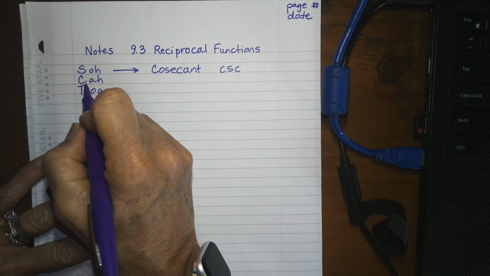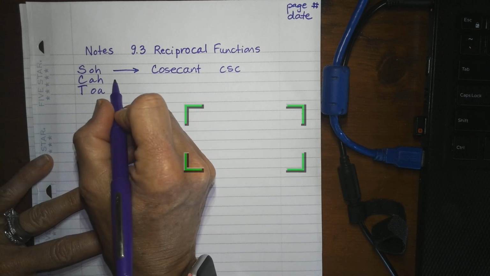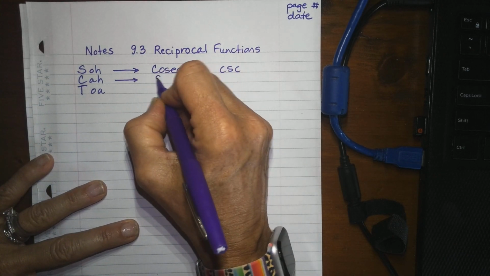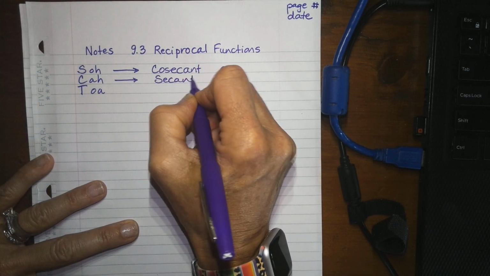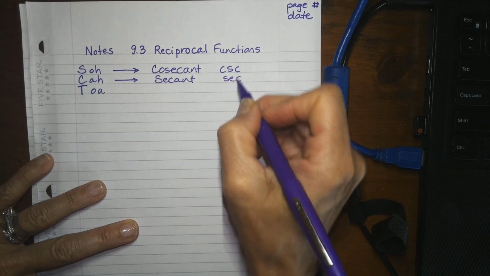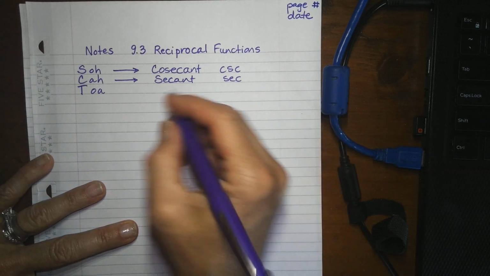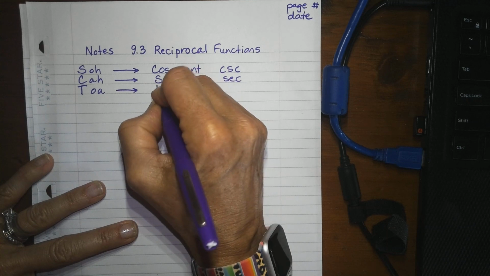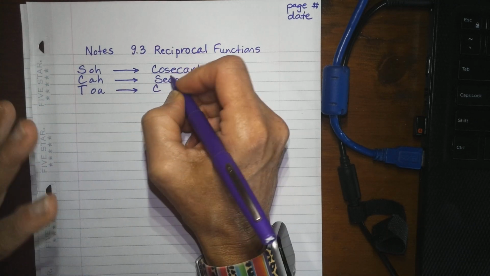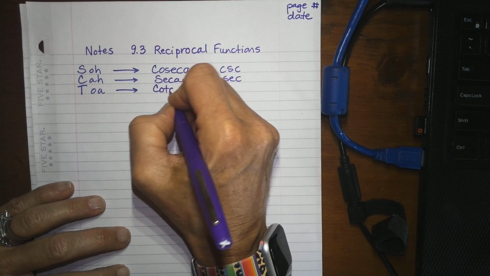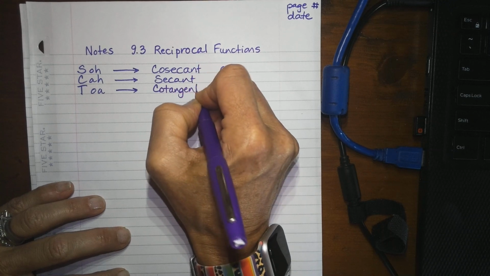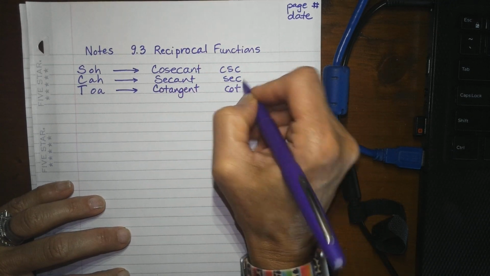When we talk about cosine, that's adjacent over hypotenuse, its inverse is what we call secant, and we abbreviate that as SEC. And the reciprocal of tangent is cotangent, and we always write that as COT.